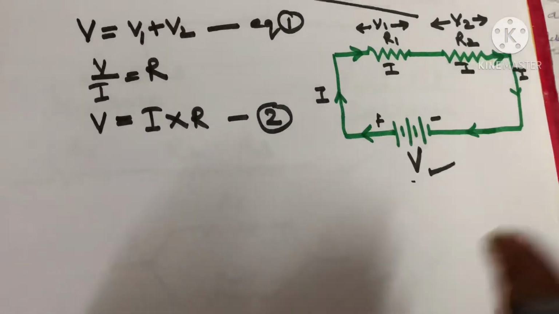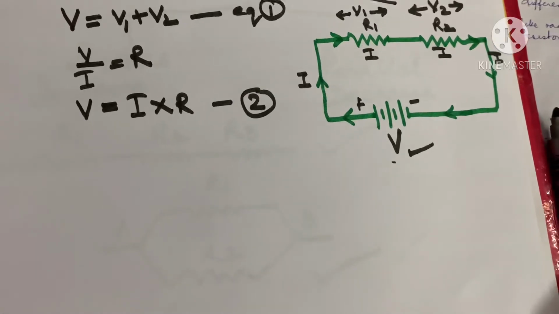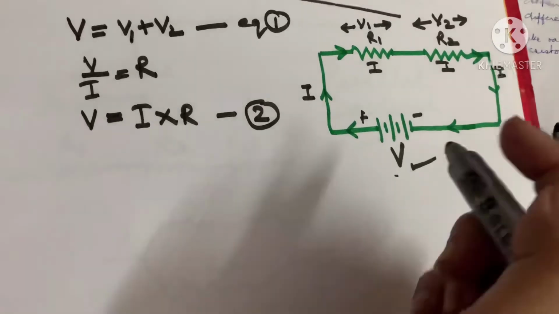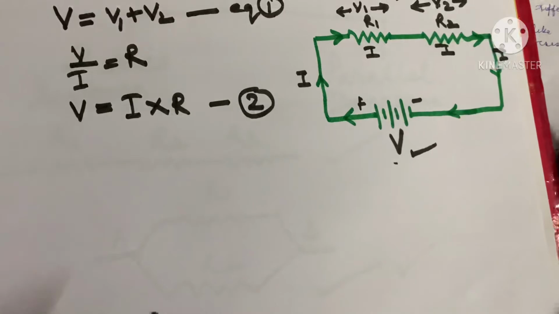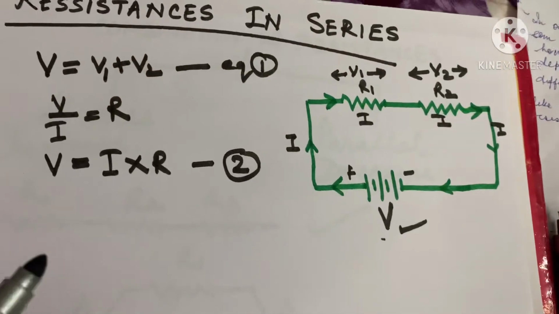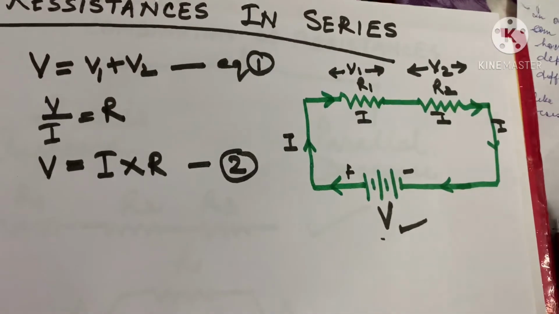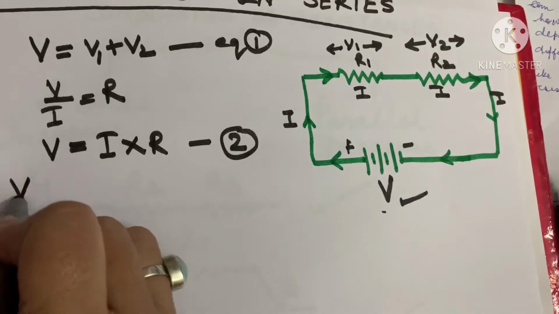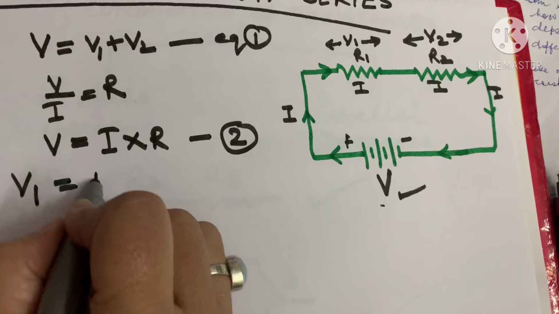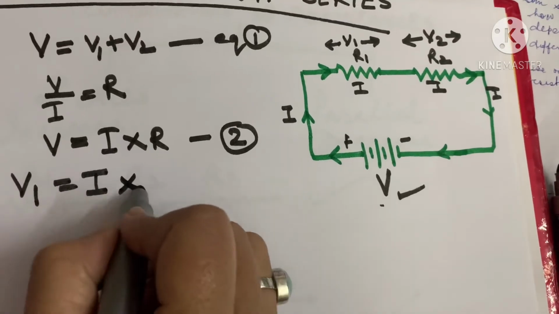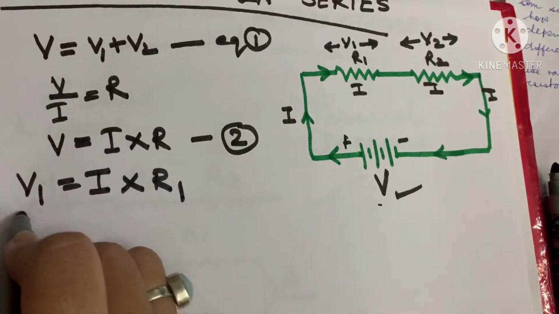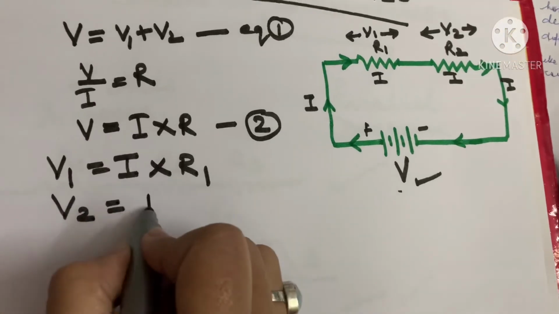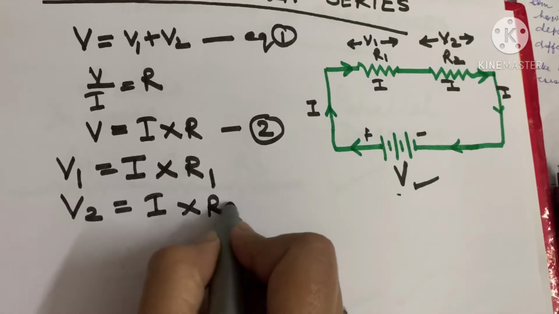Now, since the same current I flows through both the resistances R1 and R2 connected in series, by applying Ohm's law to both the resistances, we will get V1 is equal to I into R1 and V2 is equal to I into R2.